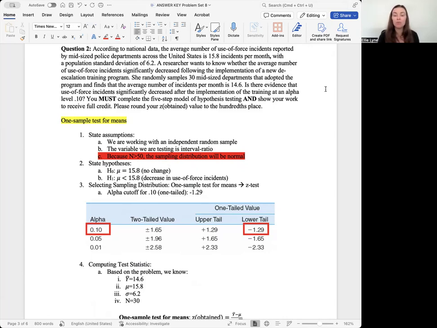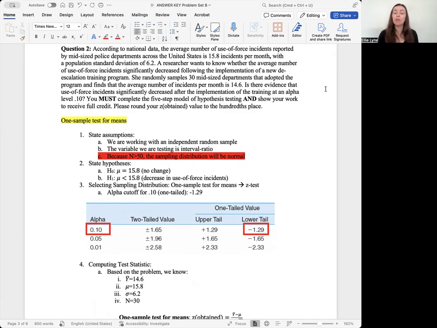She randomly samples 30 mid-sized departments that adopted the program and finds that the average number of incidents per month is 14.6. Is there evidence that use of force incidents significantly decreased after the implementation of the training at an alpha level of 0.1? You must complete the 5-step model of hypothesis testing and show your work to receive full credit, and please round your z obtained value to the 100th place.